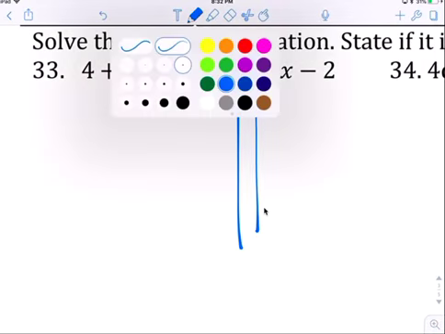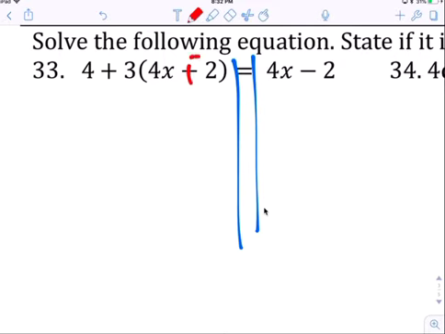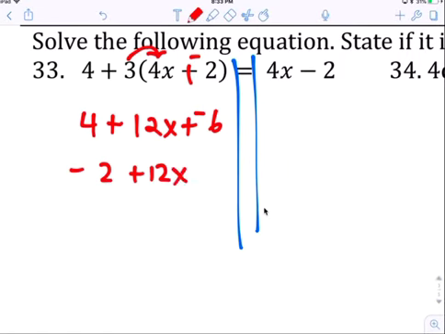Okay, additive inverse plus a negative. Negative 2 plus 12x, minus 4x.